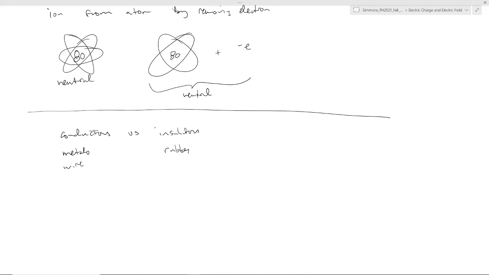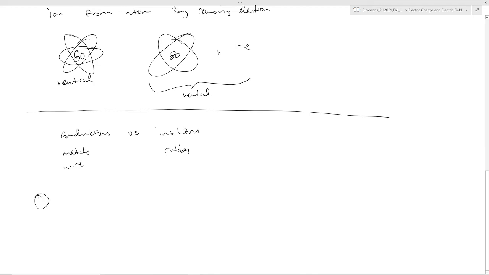Part of why this is important is because it has bearing on how you charge things. If you have a conductor, you can charge it by basically touching it because the charge can move.